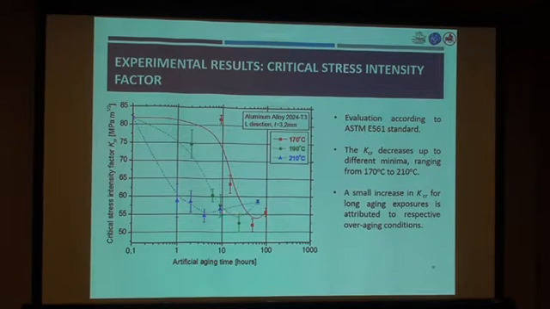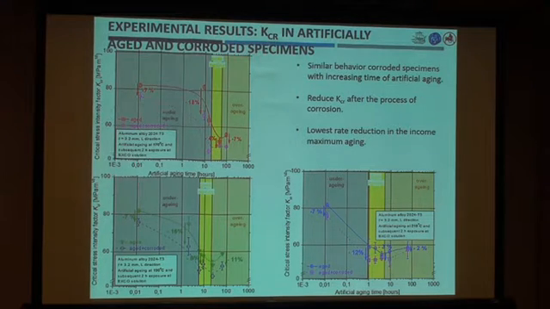Usually you can see that it follows tensile ductility curves. And here we have something similar to tensile ductility, but you can see that in the peak aging condition, the critical stress intensity factor also has the minimum decrease due to corrosion. This is an investigation still carried on.